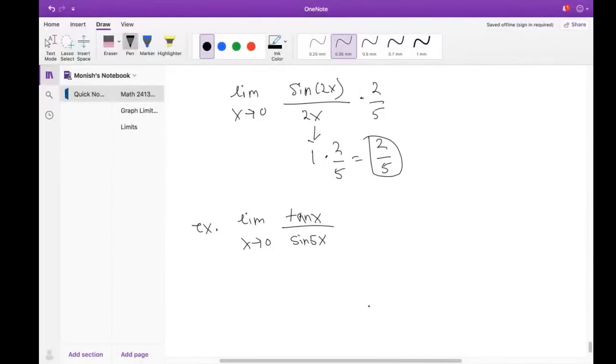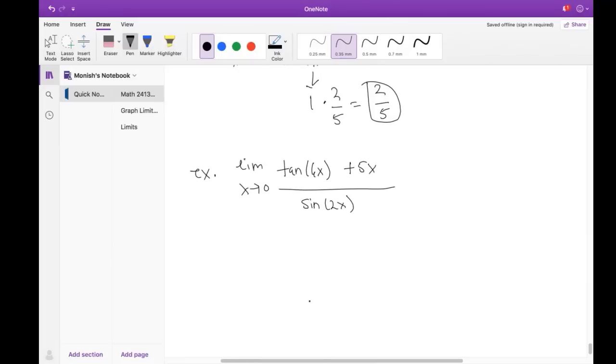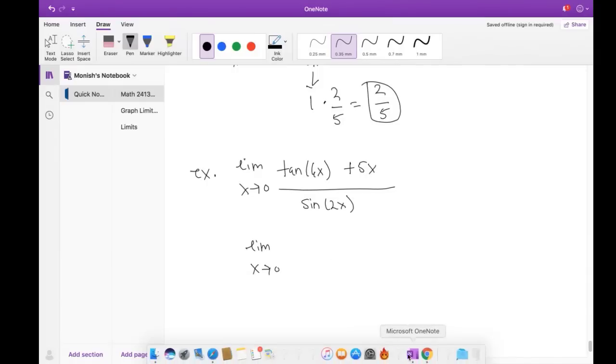Okay, so let's think this one through. Well, we can do one thing to start. What do you guys think the first step would be to this? Just the very first step.